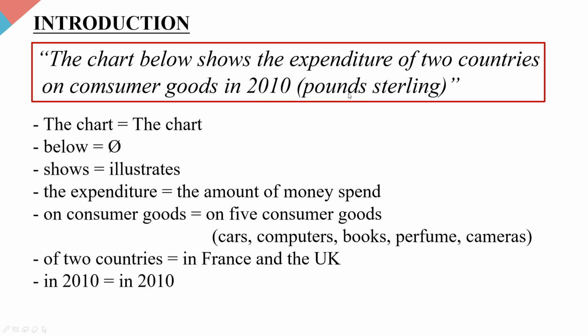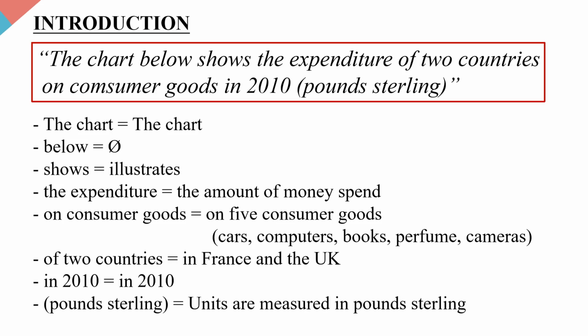And the last one we have is pound sterling. Pound sterling is a unit, so we cannot paraphrase it into a new phrase. We must change it into a sentence, and I have it like this. This is very nice for the examiners because we use a measure. This sentence is in the passive voice, which is very useful and very often appears in academic essays.